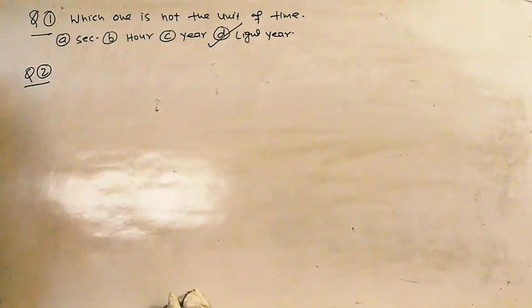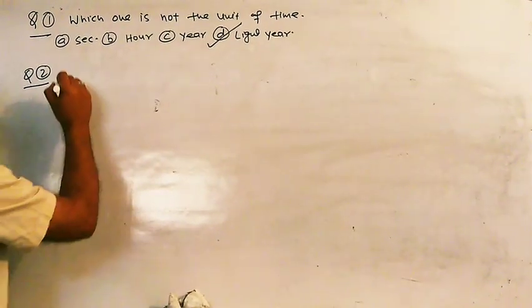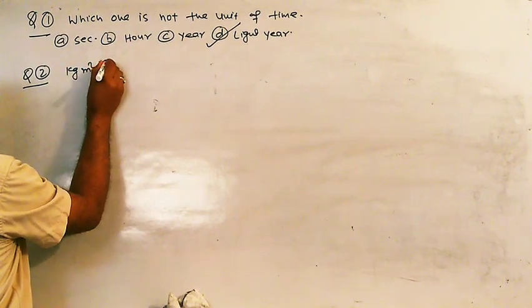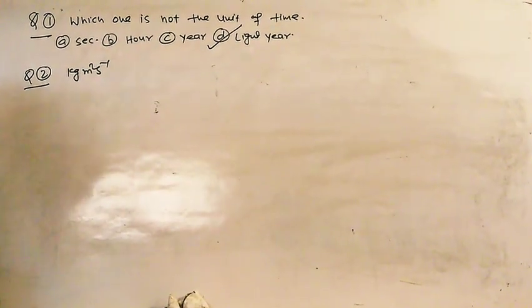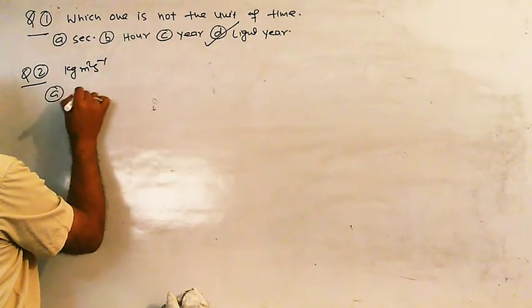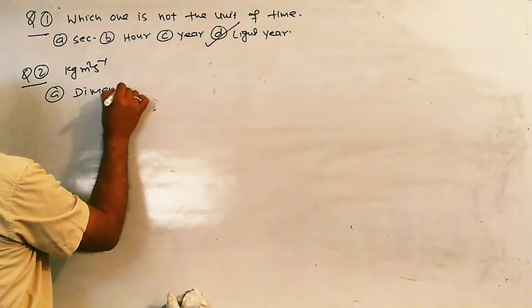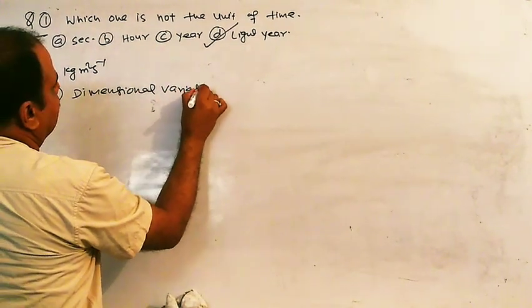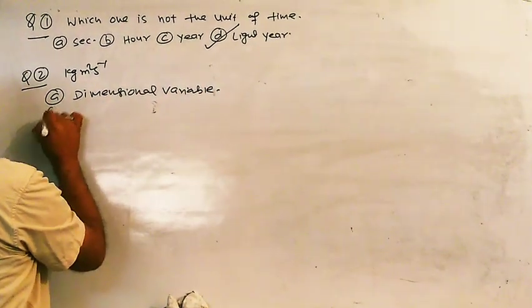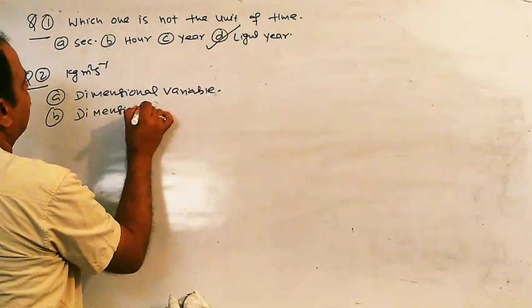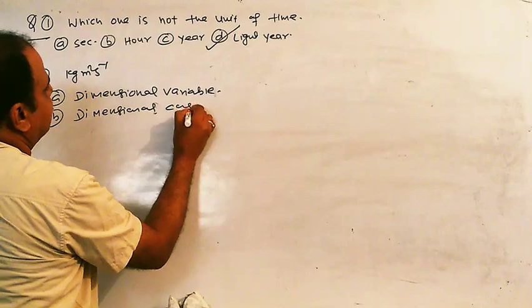Number 2. kg meter square second inverse. A, dimensional variable. B, dimensional constant.